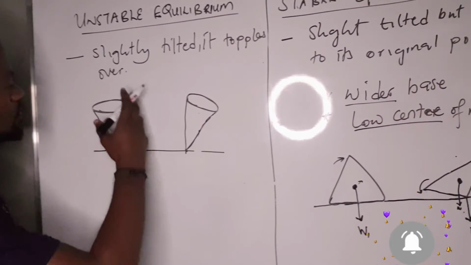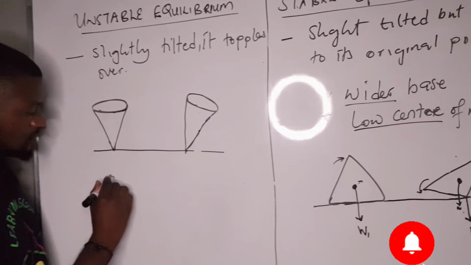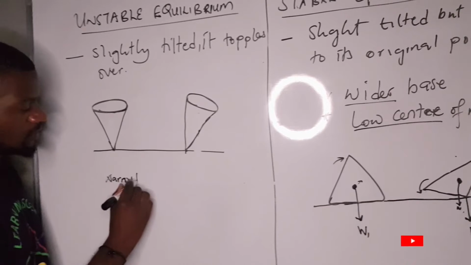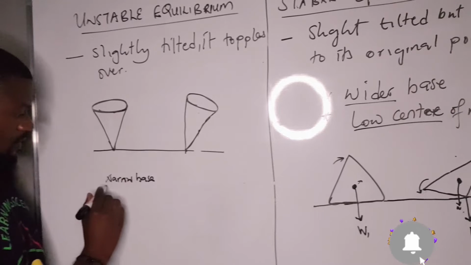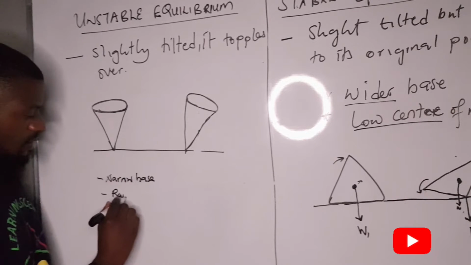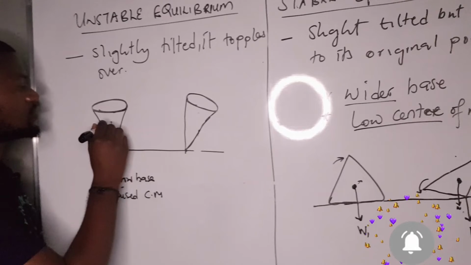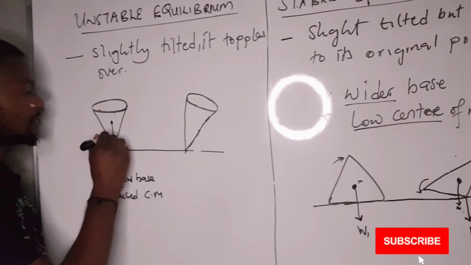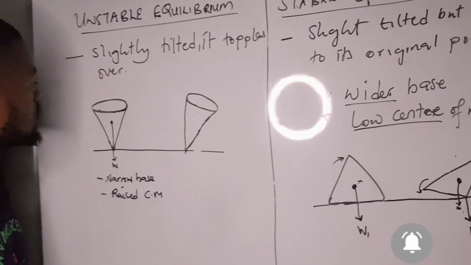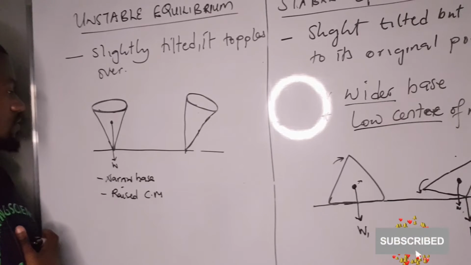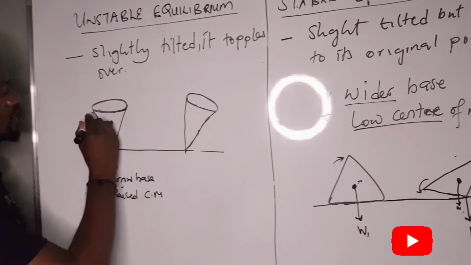So we have this object here. So basically when you look at this object, you'll be able to tell that it has got a narrow base. At the same time, it has a raised center of mass. So the center of mass for this object is somewhere here. So basically this is where the weight of the object is acting from. So now what would happen if this object was tilted a bit?